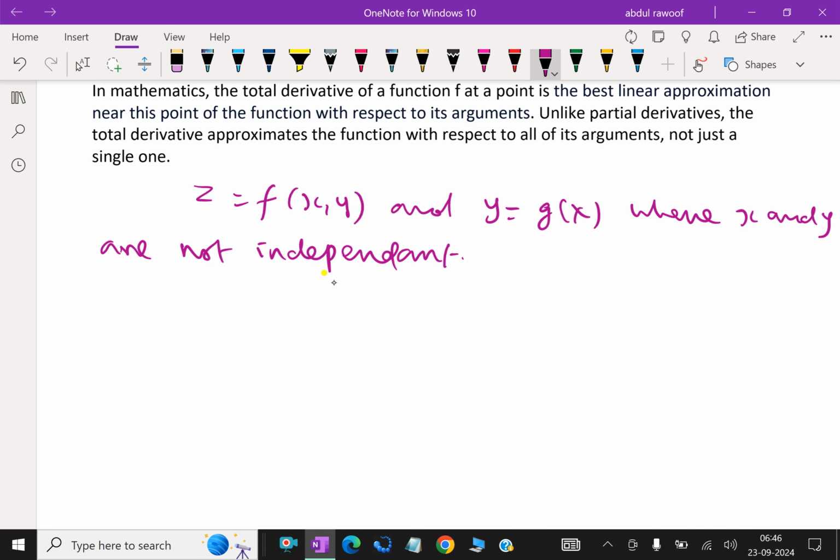That means a change in x will affect z directly through the function f and indirectly through the function g.